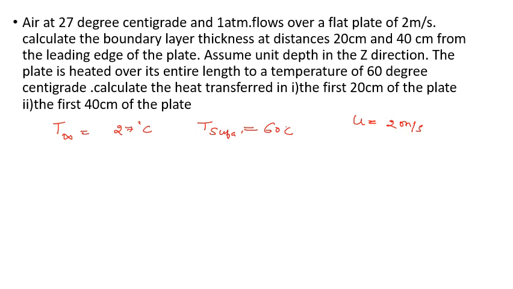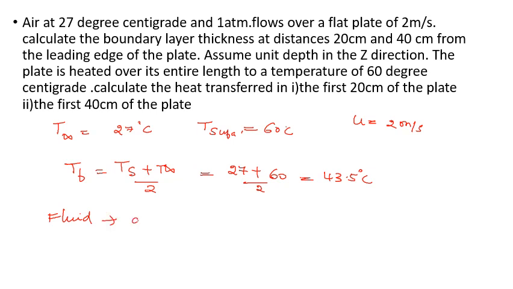So to find the film temperature, we should have the two temperatures, that is Ts plus T infinity divided by 2, and in this case it turns out to be 27 plus 60 divided by 2, that is 43.5 degrees centigrade. And once again, the fluid is air.